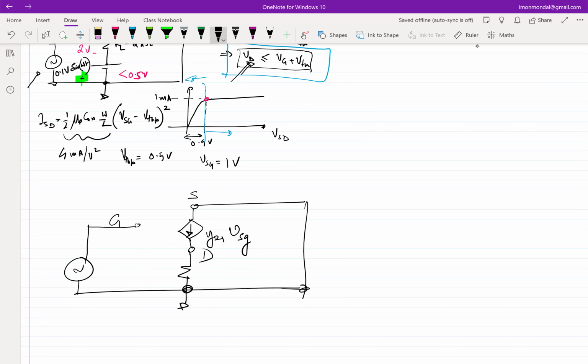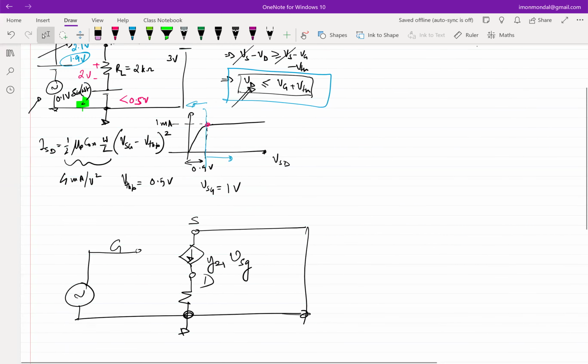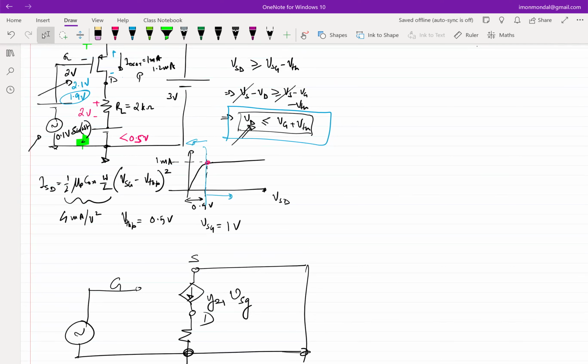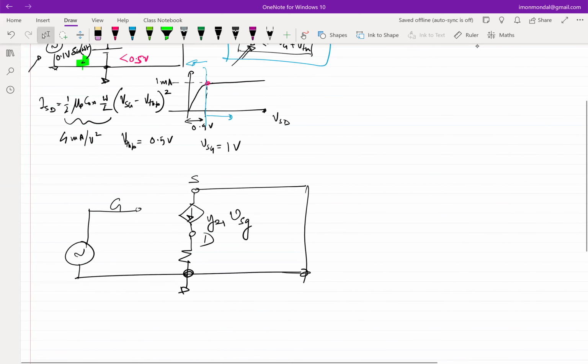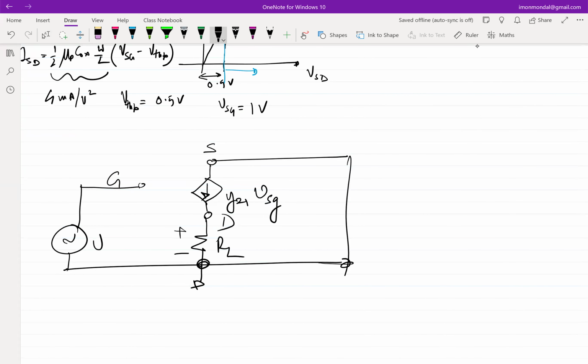Where am I taking the output from? Across RL, right? So I can take the output across RL. Okay, fine. So now, if this is VI and this is V naught, tell me what will be V naught over VI?